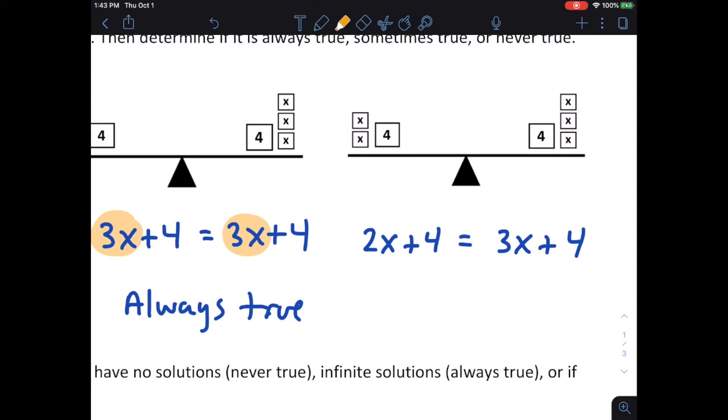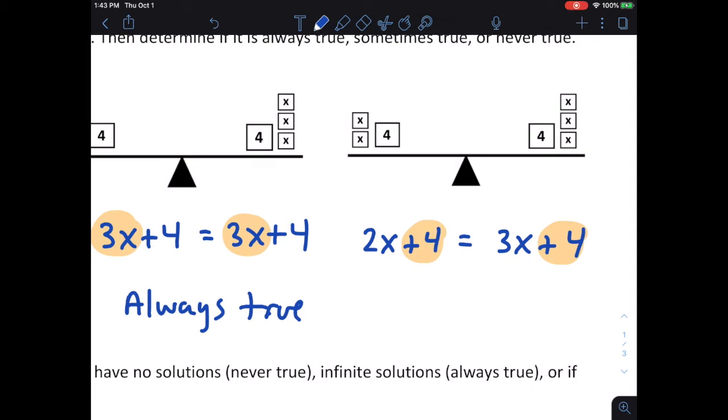So the thing I'm going to look at, though, is the plus 4. So this plus 4 tells me something. If I can make 2x disappear, and if I can make 3x disappear, then I know this is going to be equal. And there's one way we can do that, and that's if we plug in a 0.